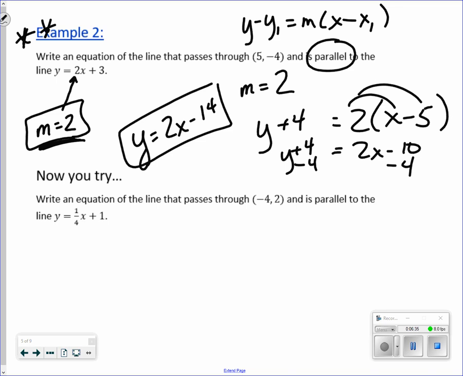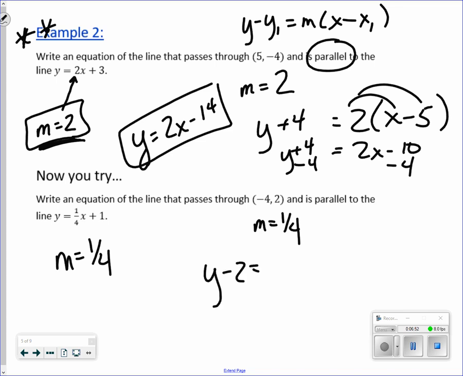So the next one, hit pause, try it again. All right, welcome back. So the slope of the line that they gave me was 1/4. So the slope of the line they want me to write is also 1/4.